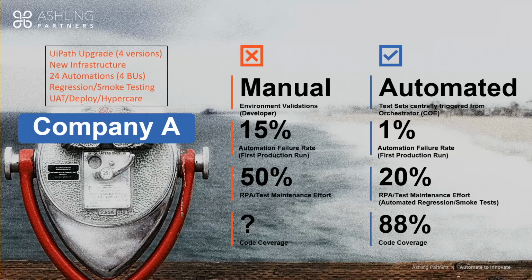Company A is quite established. They have a good amount of automations. They're just ready for a UiPath upgrade, and they haven't done it in a few versions. So we're putting them on a new infrastructure. What we're going to want to do is take those packages from the one environment, regression test them manually at this point, because this is without Test Suite integrated, the left column.